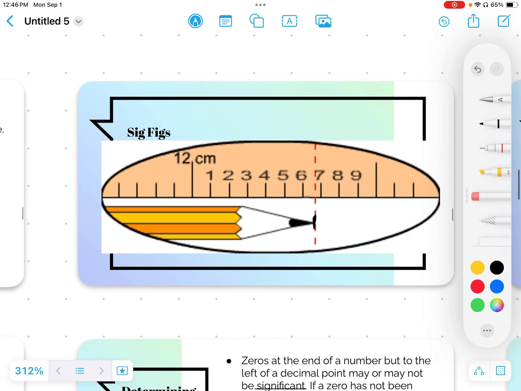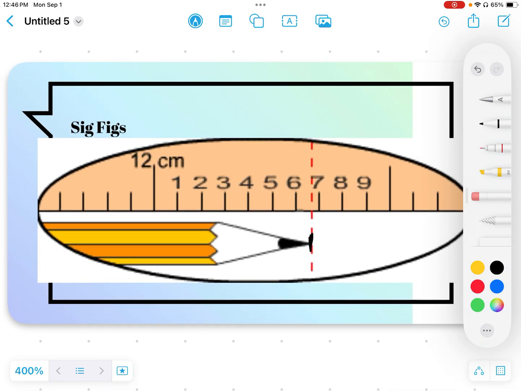Here's an example of when we would use sig figs. Let's say we're measuring the length of this pencil. If we were looking at this quickly, we would say, oh, it looks like 12.7 centimeters, when in reality it's not quite to the 7.